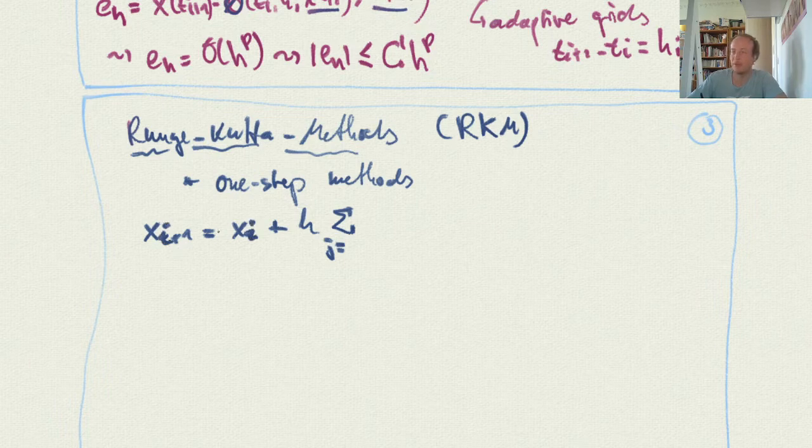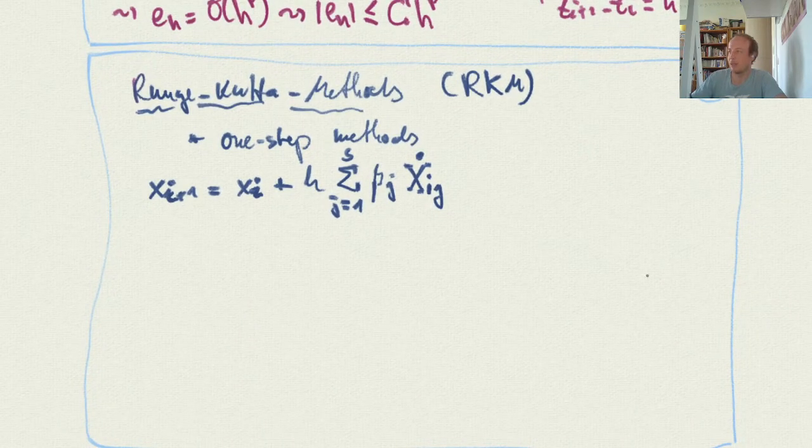I hope I can be consistent and always use the i for the time step. So this needs the beta, the parameters of the method, and these xi_j dots, the stage derivatives, and the task is to compute these xi_j.